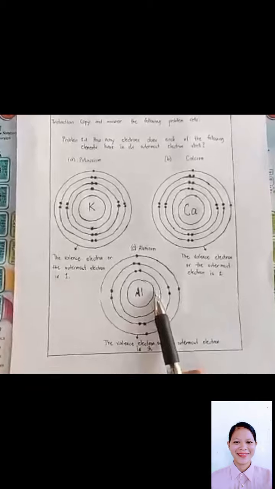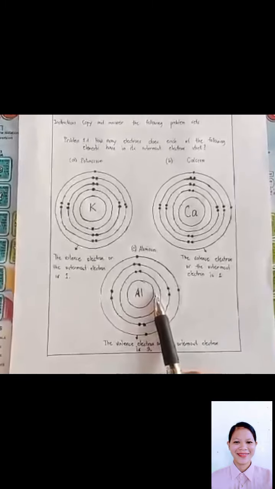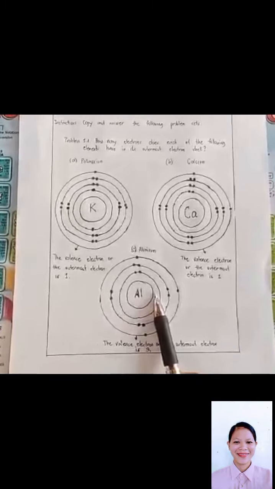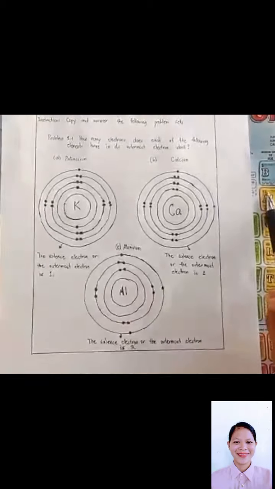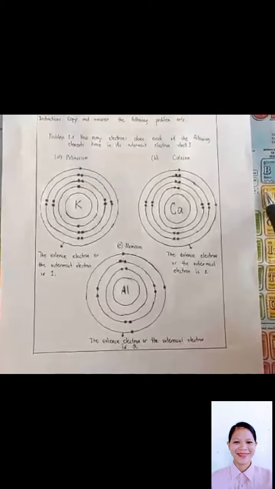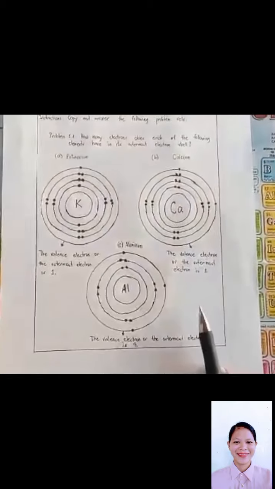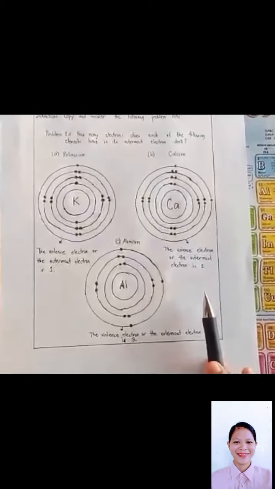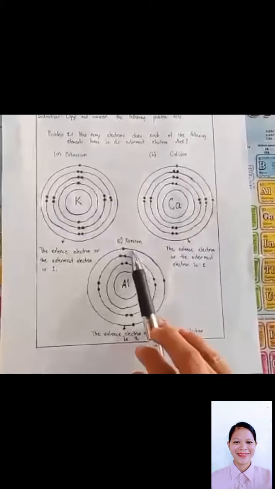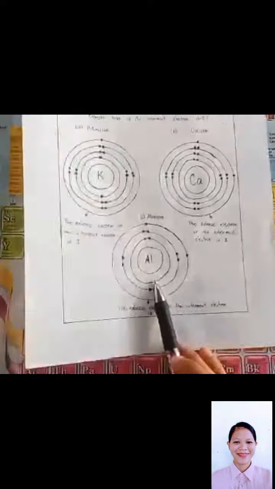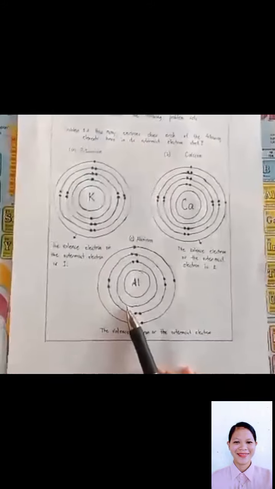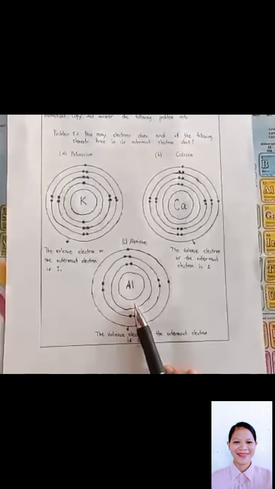The aluminum. Aluminum has an atomic number of 13. Here, 13. Atomic number 13. Which means there are 13 electrons to plot in the orbital rings using the Bohr model of an atom.